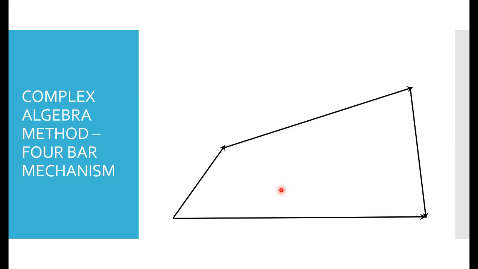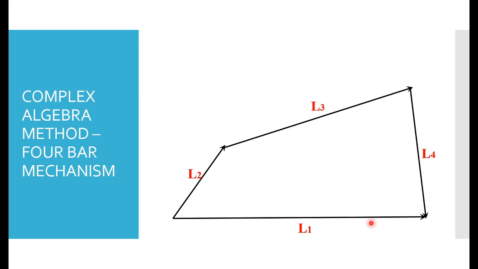Here we use the complex number concept to form equations. That's why it is called the complex algebra method, which we will see in the next slide. Here you can see a 4-bar mechanism. I will name each link L1, L2, L3 and L4: link 1, link 2, link 3 and link 4.